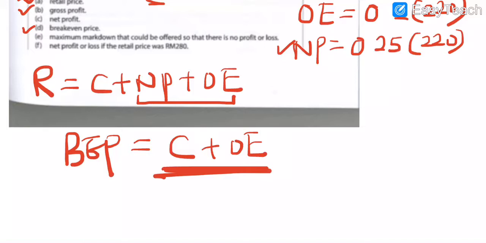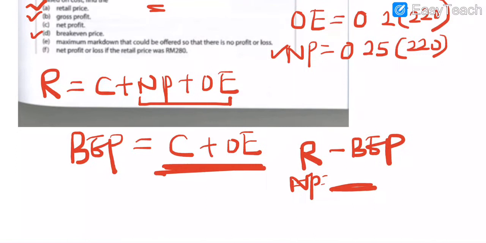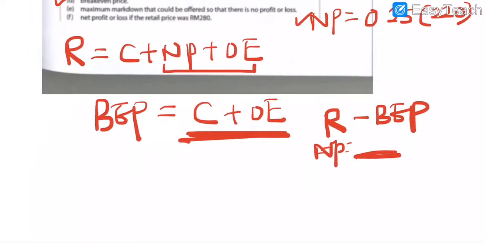So here you have to cari what is your retail price, tolak dengan break-even price. Okay, so what is your markup? So normally markup here is actually your net profit. Then F, net profit or loss if the retail price is 280. So you look at this one.